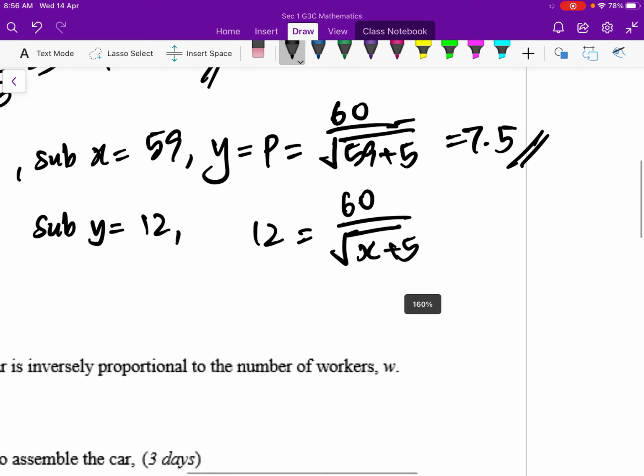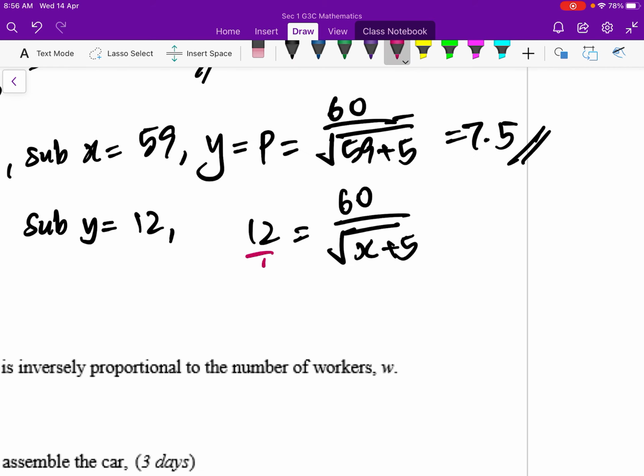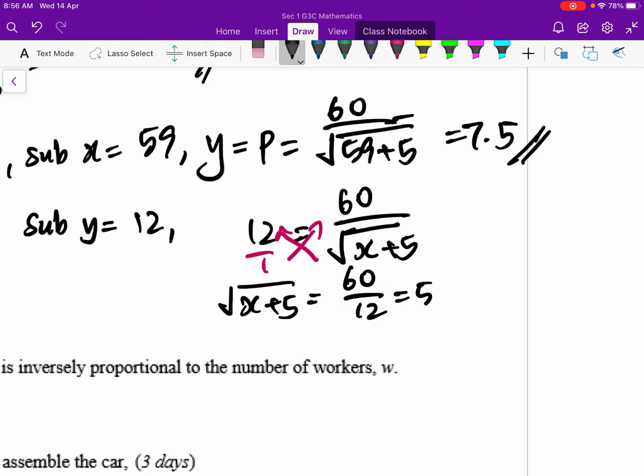We do so by multiplying both sides. But if you remember what I said just a while ago, we can actually swap the position for this 12 and your square root x plus 5 to give us square root x plus 5 equals 60 over 12, which is 5. So x plus 5 being 25, x equal 20.